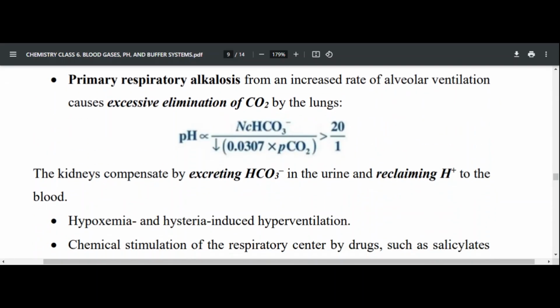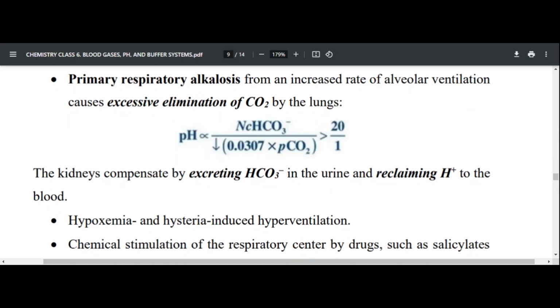So finally, we have primary respiratory alkalosis. This is alkalosis which results from an increased rate of alveolar ventilation, which causes excessive elimination of CO2. For example, if someone is having hypoxemia or chemical stimulation of the respiratory center by drugs, some drugs can stimulate hyperventilation.